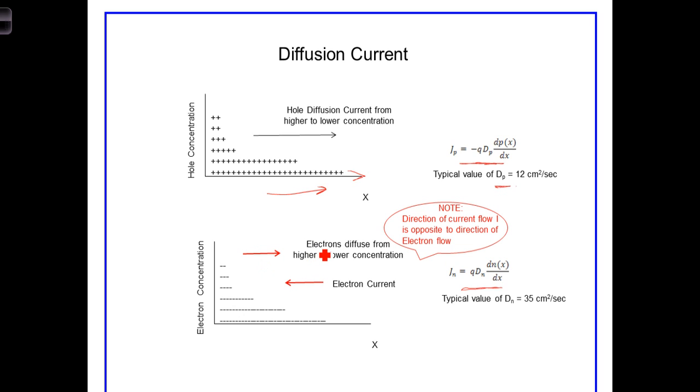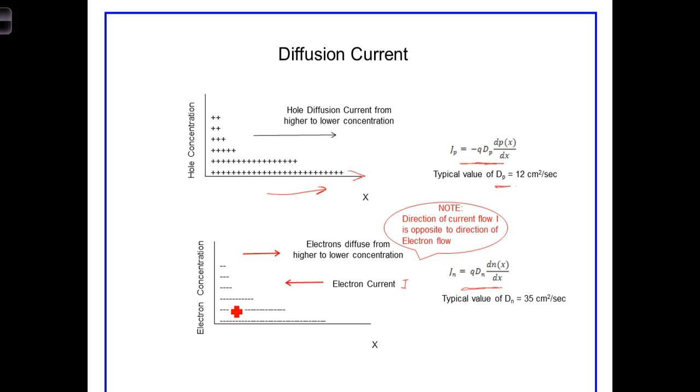But you'll recall that current is the direction of positive charge. So when we talk about diffusion current, the electrons are going this way, and the current will actually be going in the opposite direction.